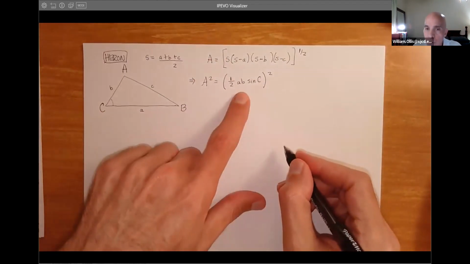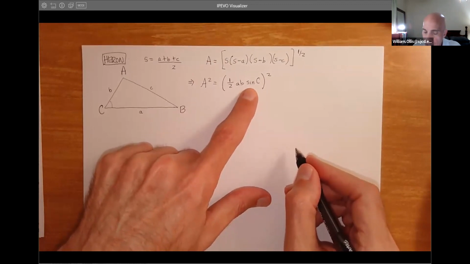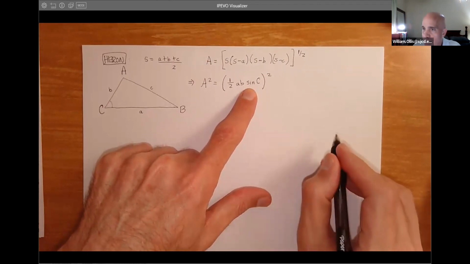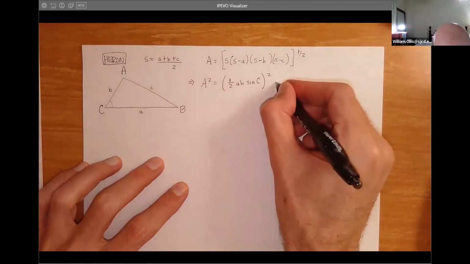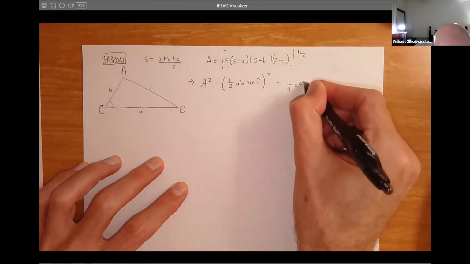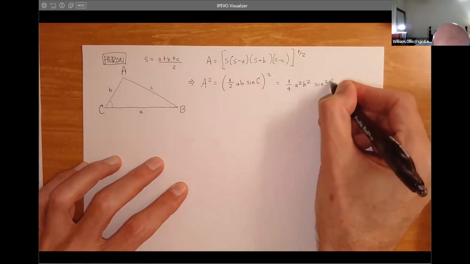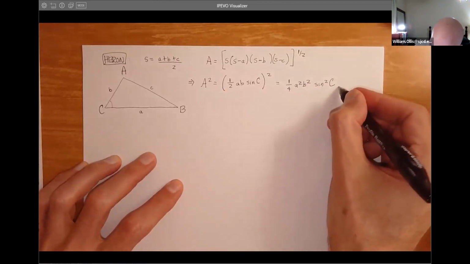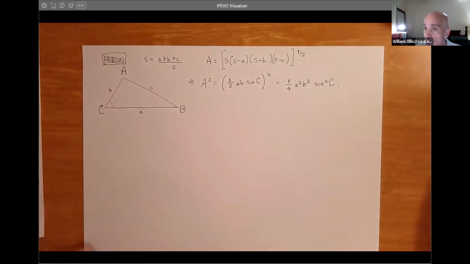So we know that from what we've already proven. And then of course, once we figure out how to wedge the cosine C in there, we're going to use the law of cosines. So now what is this? This is 1/4 a squared b squared sine squared C.